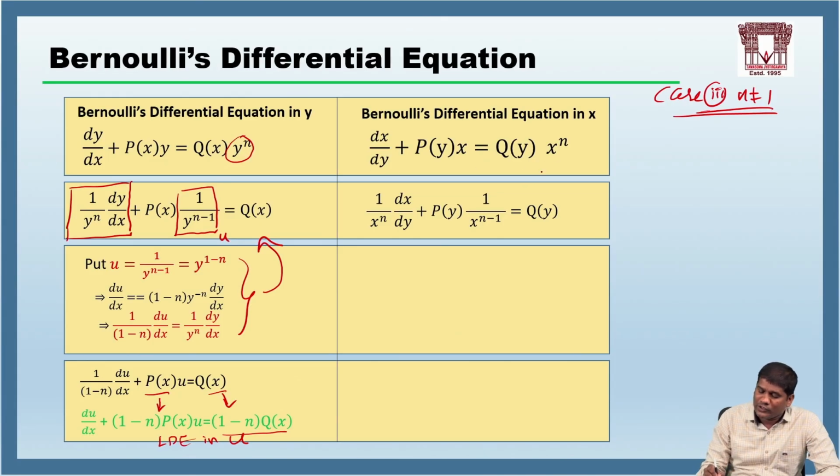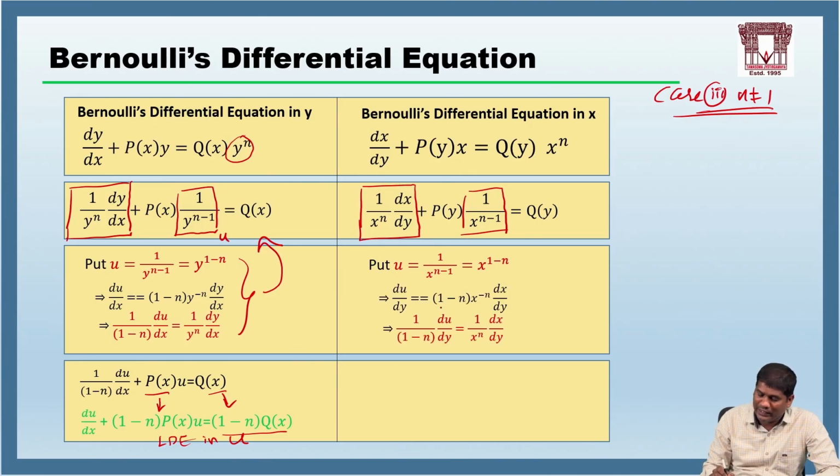First, we have to divide by x to the power n on both sides, then we get this. We substitute 1 divided by x power n minus 1 is equal to u. Put u is equal to 1 divided by x power n minus 1, that can be written as x power 1 minus n. Then coming to its derivative, du by dx is equal to 1 minus n into x power minus n into dx by dy.